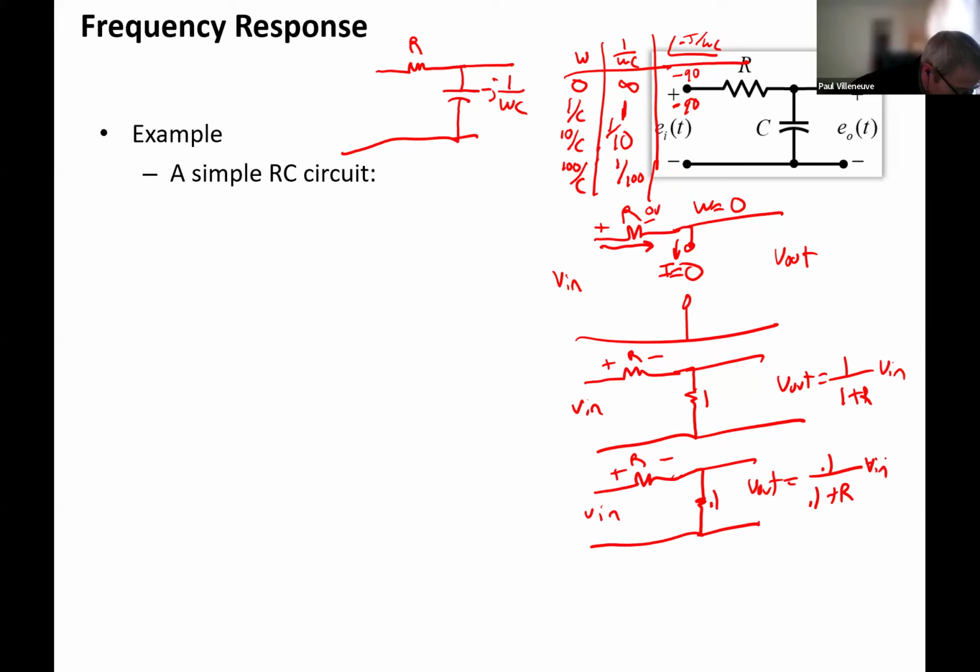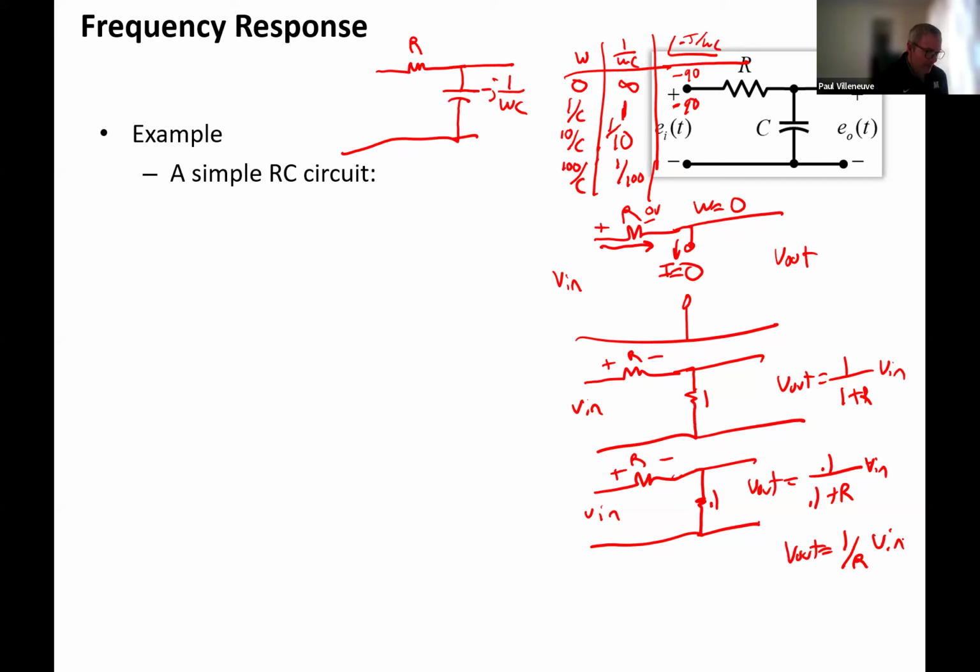What happens here? Any thoughts? We can basically say that if R is much, much greater than 0.1, then V out is going to be equal to 1 over R times V in, or approach that.